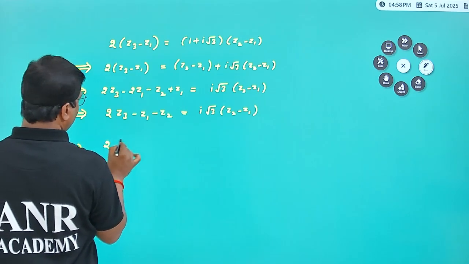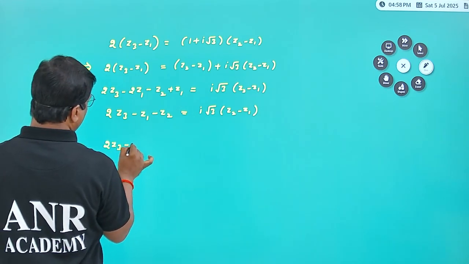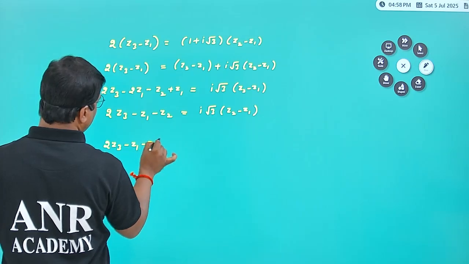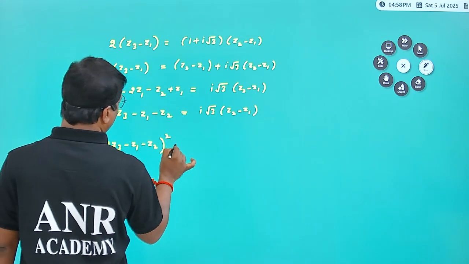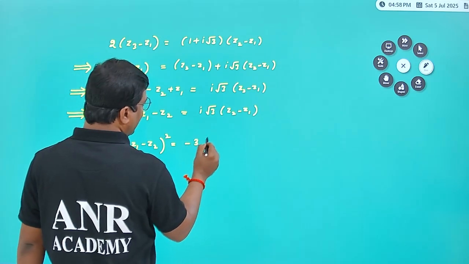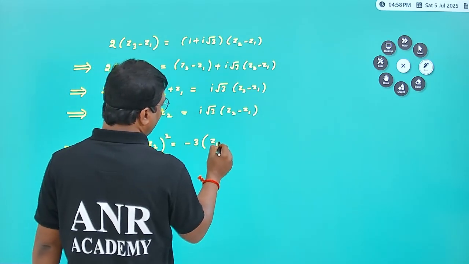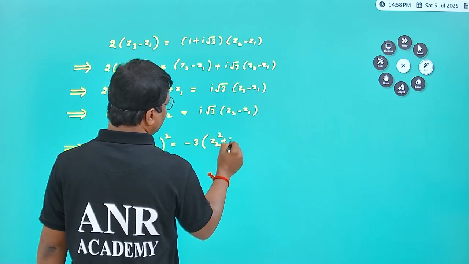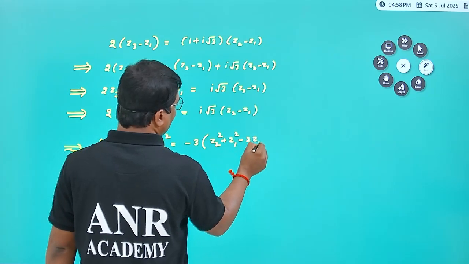Two times of (Z3 minus Z1 minus Z2) whole square equal to iota square value minus 1, root 3 whole square value 3, (Z2 minus Z1) whole square value Z2 square plus Z1 square minus 2 Z1 Z2.